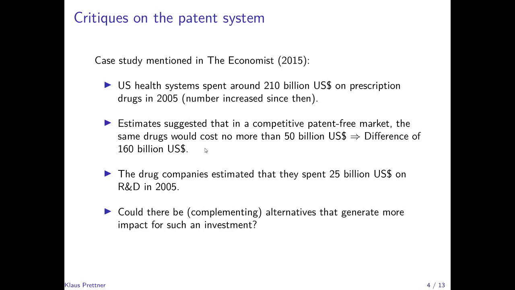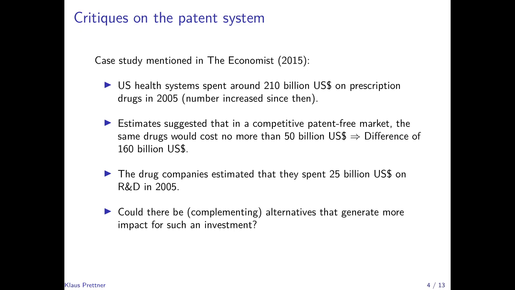The patent system has also been criticized for not leading to a very high rate of return on societal investment. This here refers to a case study that was mentioned in the newspaper The Economist in 2015.